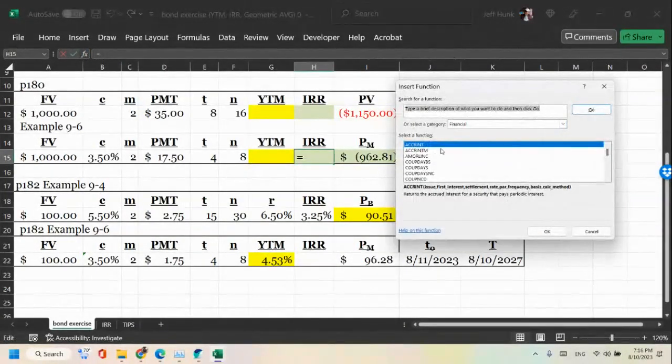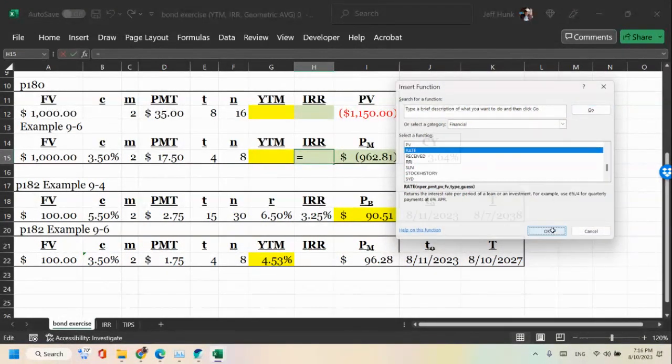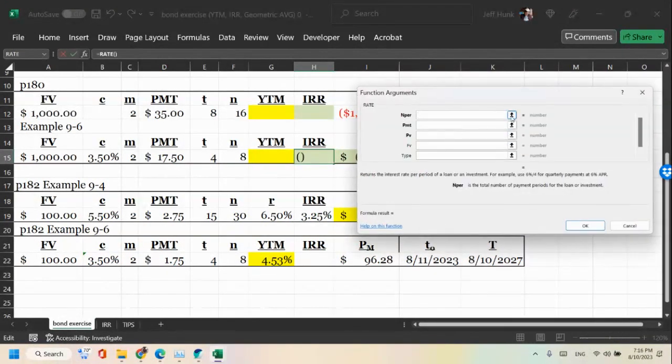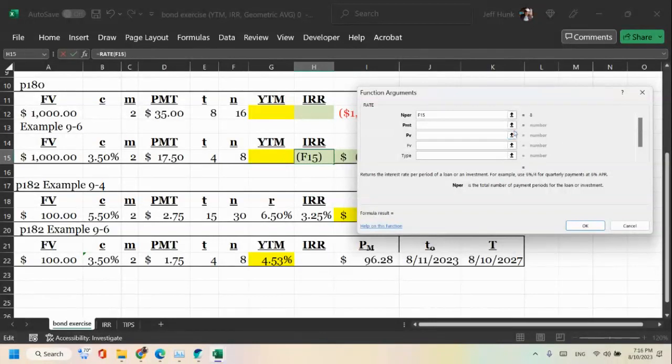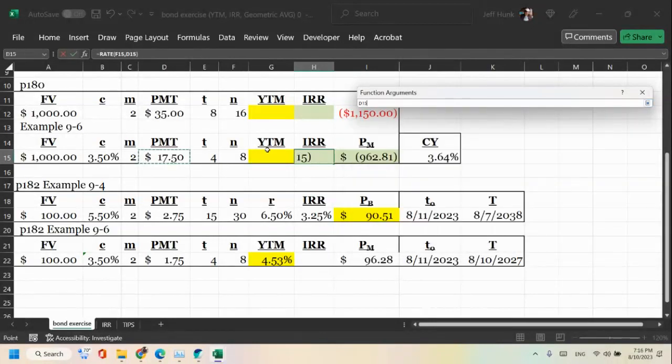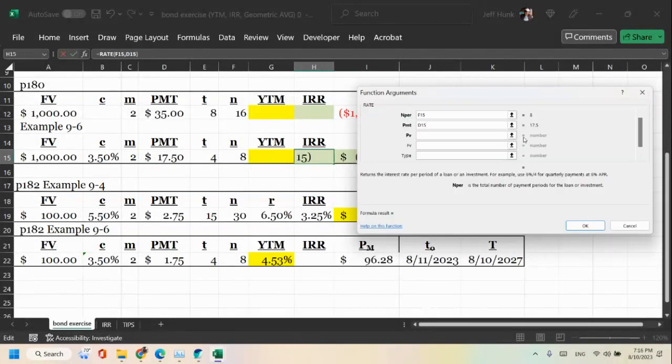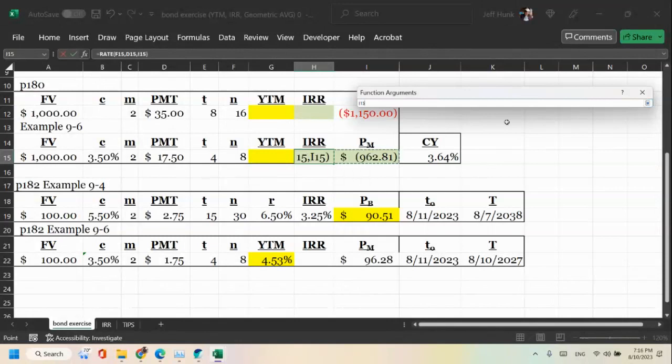So click on rate, go there and find the rate. Hit OK. Give it what it's asking for. N period, N, payment. This is the payment. Present value, right?